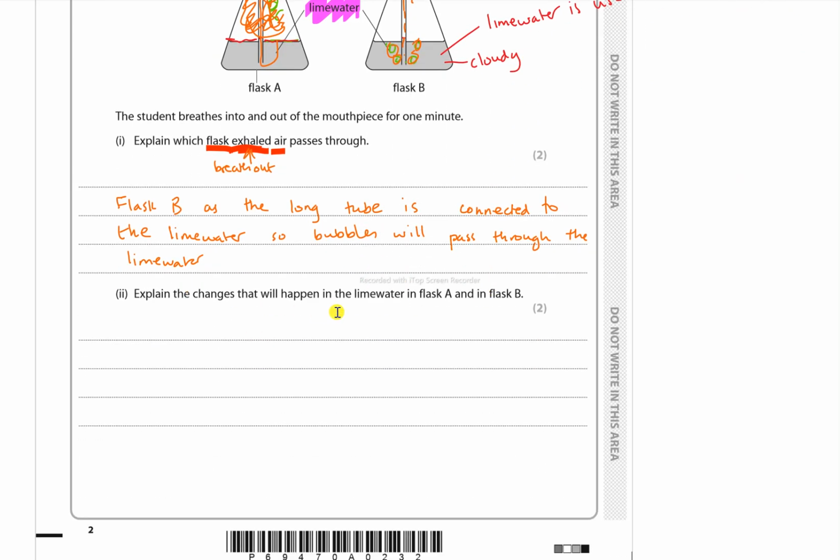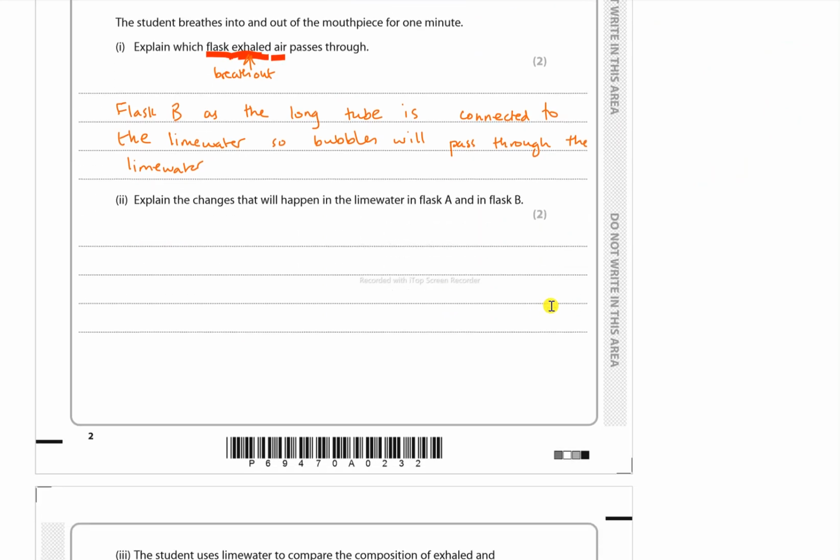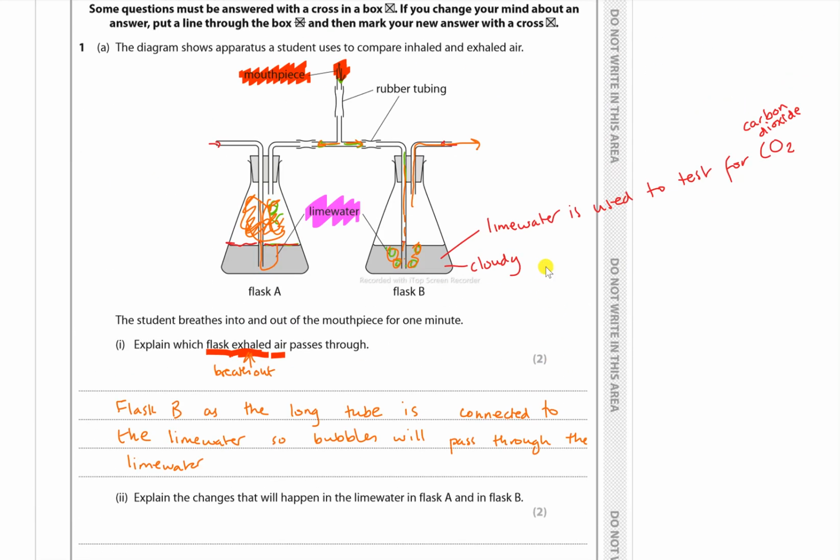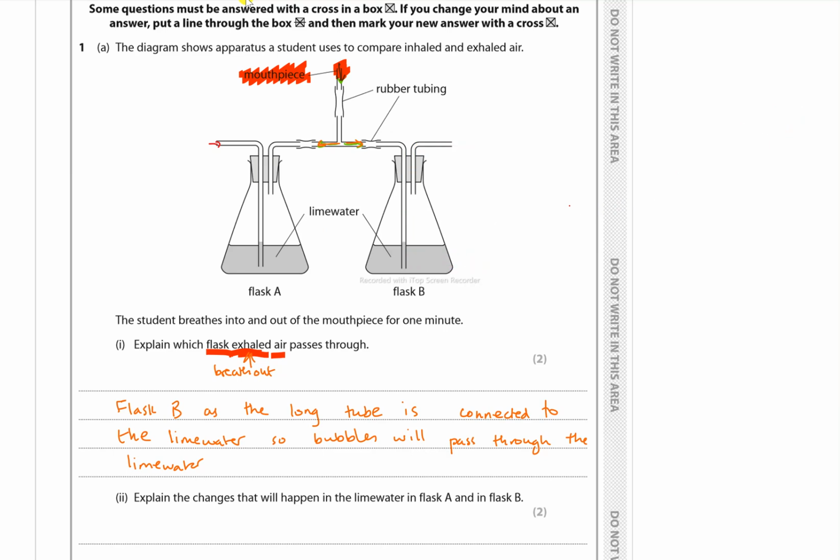Explain the changes that will happen in the lime water in flask A and flask B. Right, because you're bubbling through. Right, okay. So now you've got bubbles of CO2.